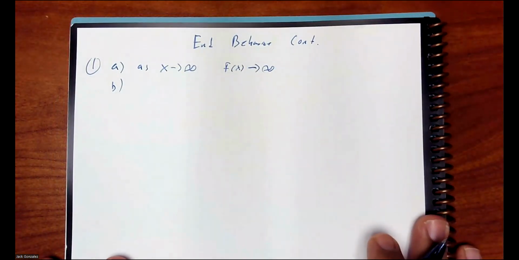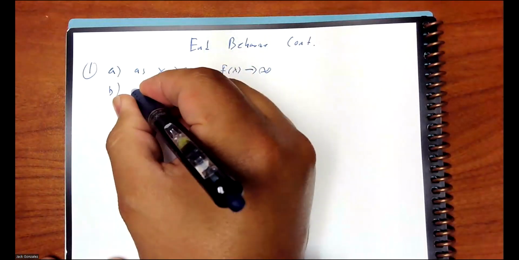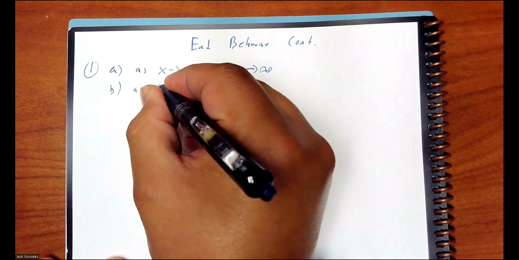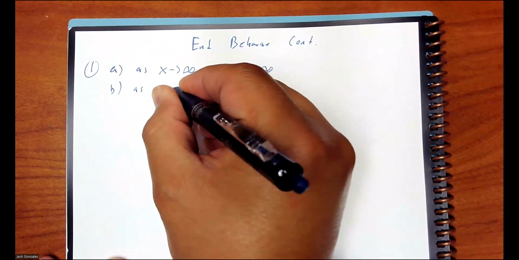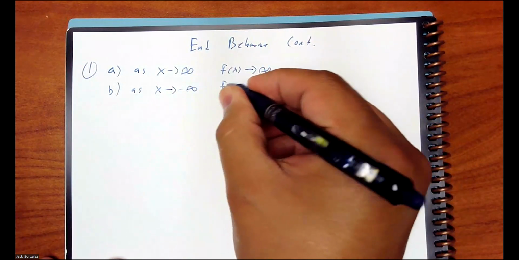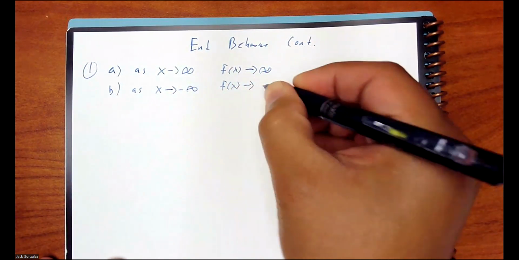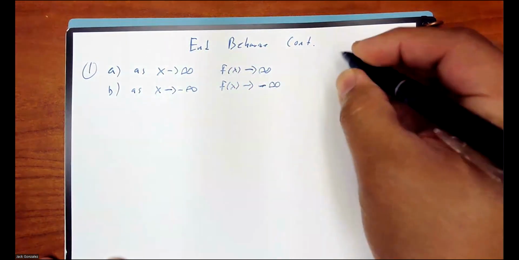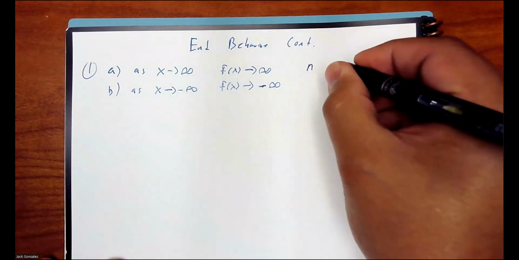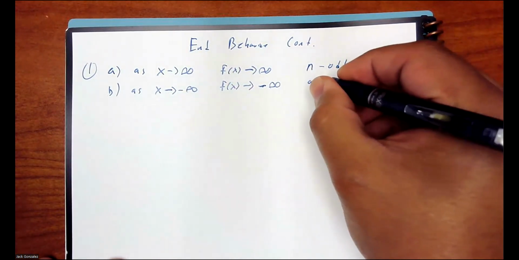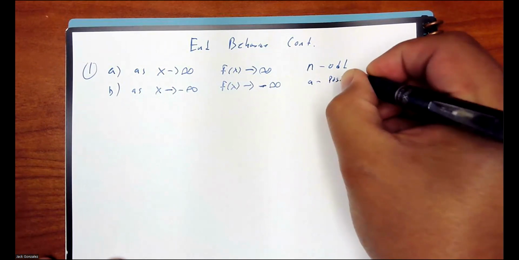Part B. As x goes to negative infinity, so does the function. This is n odd, a positive.